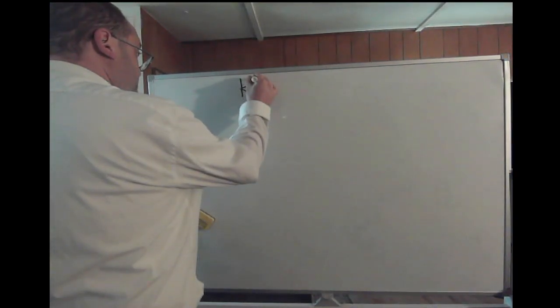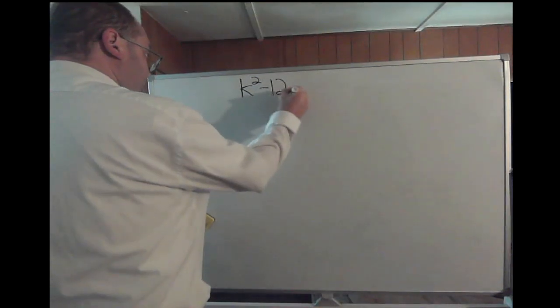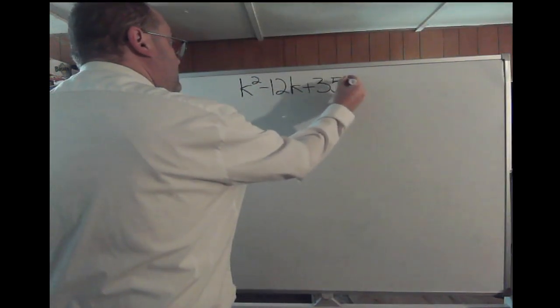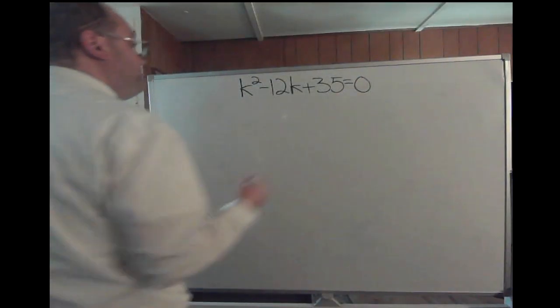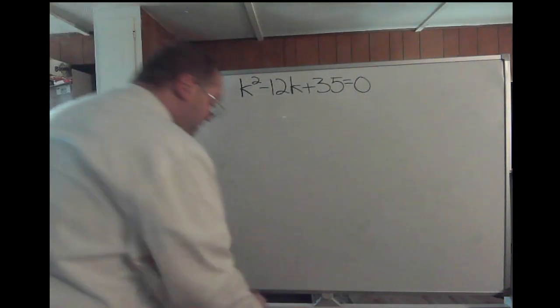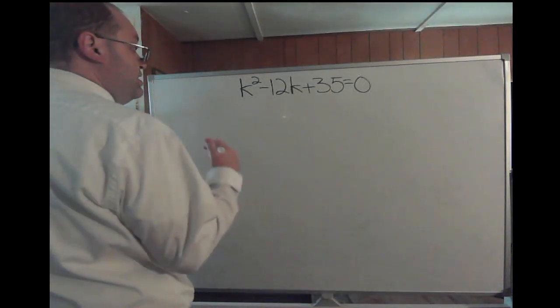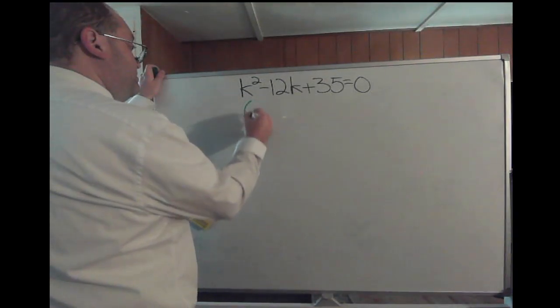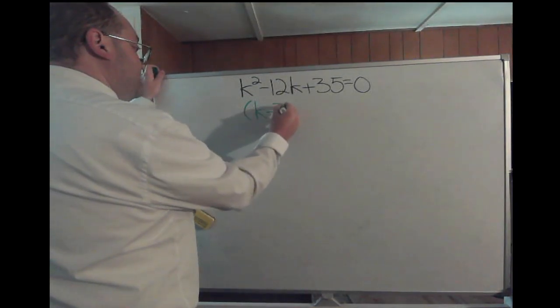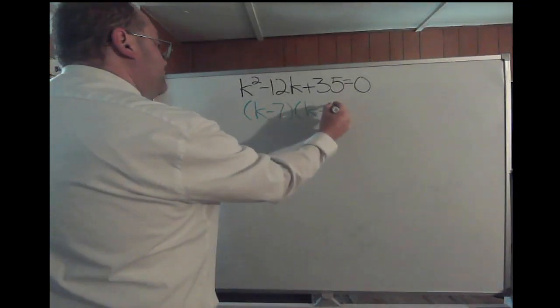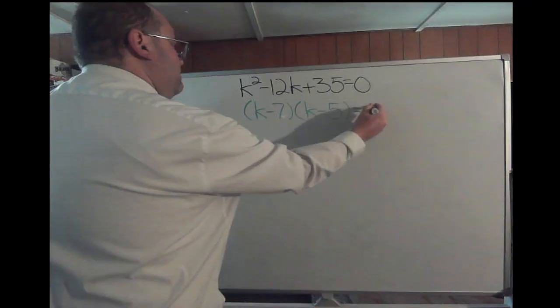Alright, k squared minus 12k plus 35 equals 0. Well, let's factor this here. You would get k minus 7 times the quantity of k minus 5 equal to 0.